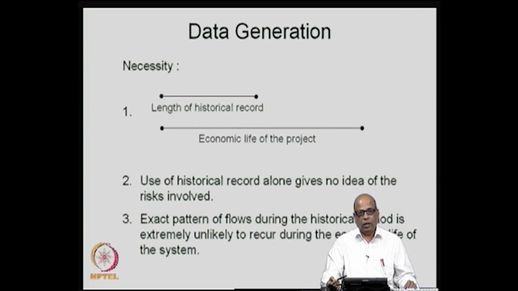The first level of data generation that we will introduce in this course now is, if you have, let us say, the probability distribution of a particular variable, let us say you are talking about stream flows, and from the last 30 years of observed data you have an estimate of the parameters, let us say mean, standard deviation, etcetera, that we have learnt earlier in this course, and you also suspect that this particular record perhaps follows a given distribution, let us say normal distribution or exponential distribution and so on.